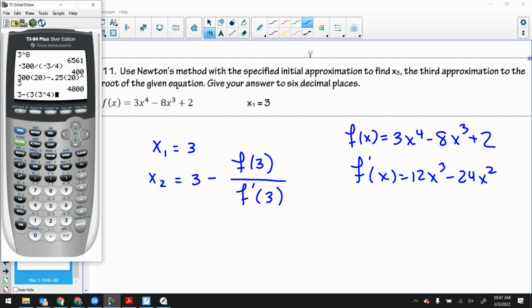I'm putting things in parentheses that I may not actually need because I'm going to use my second answer thing here in a second. 3 times 3 to the 4th minus 8 times 3 cubed plus 2, cap my parenthesis for the numerator, divided by f prime of 3. 12 times 3 to the third, minus 24 times 3 to the second.